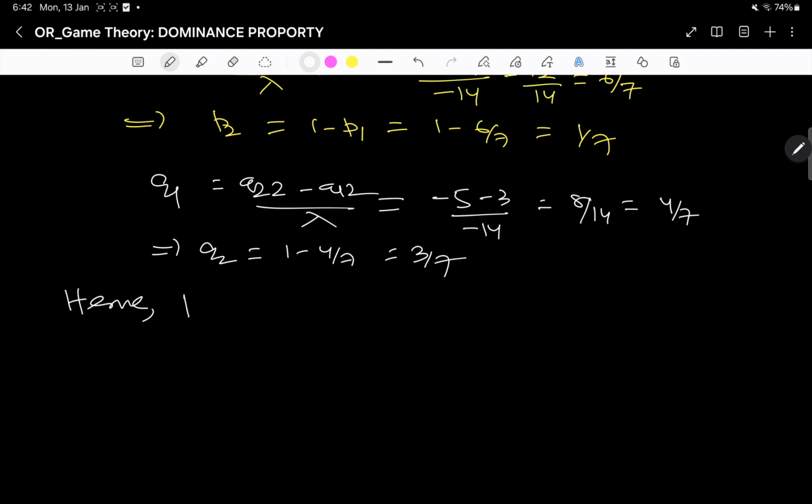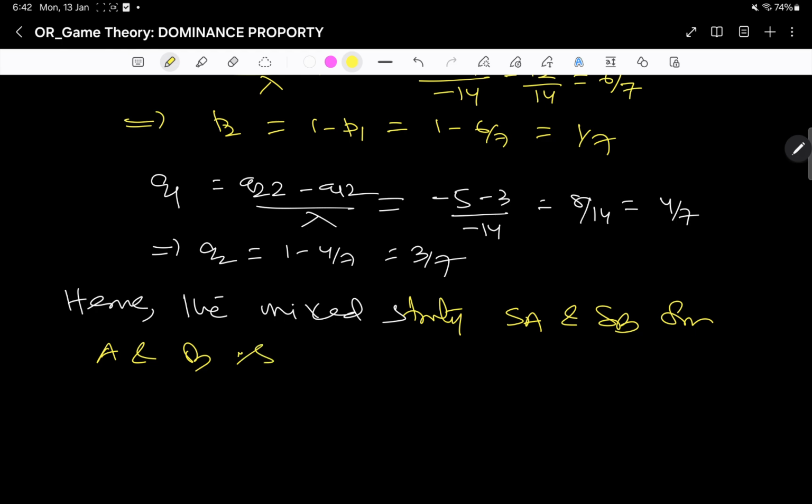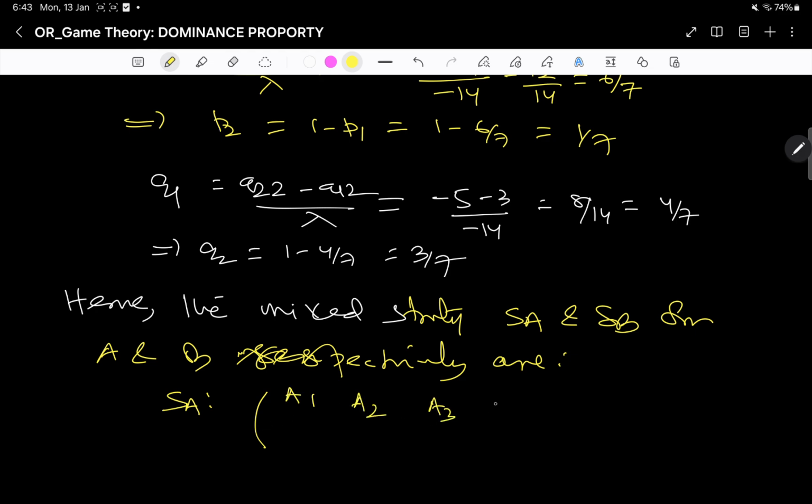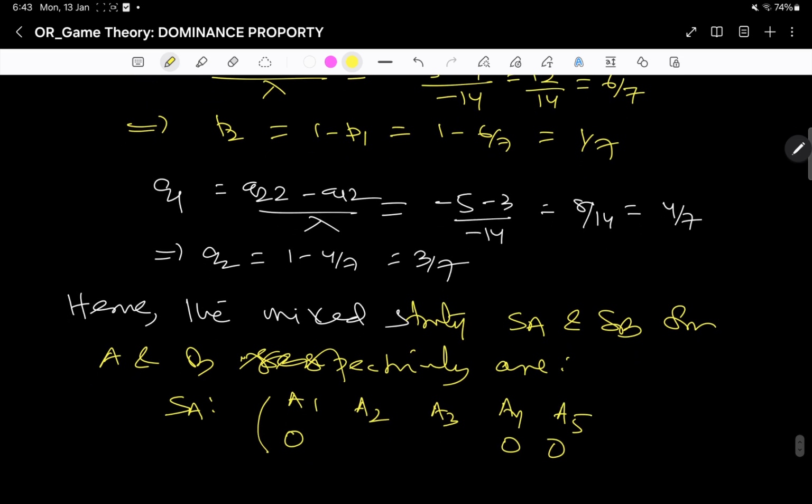Hence the mixed strategies SA and SB for A and B respectively are: SA is A1, A2, A3, A4, A5, where already this is 0, this is 0 and this is 0, and you got 6 by 7 and 1 by 7.